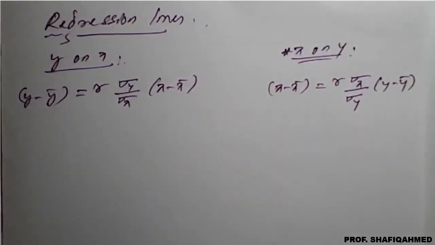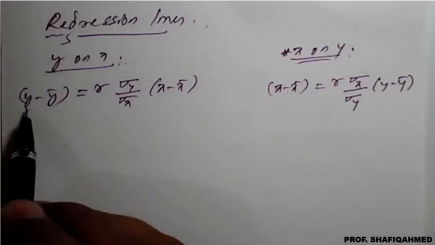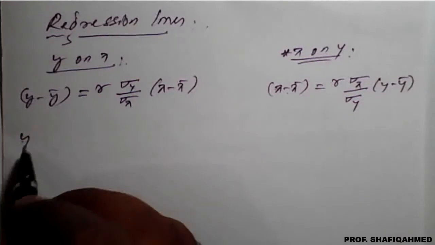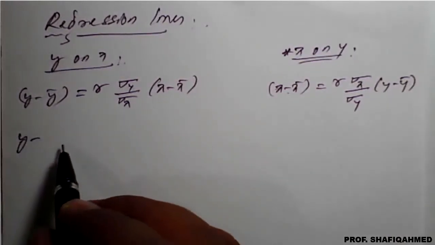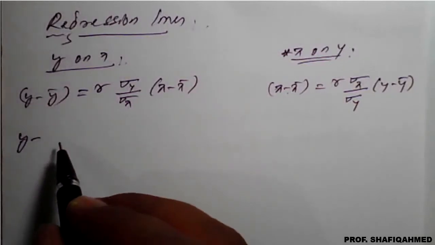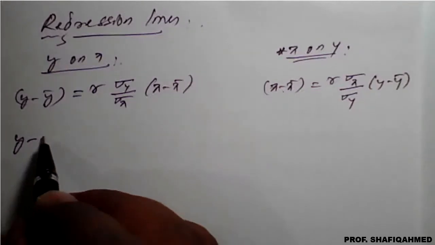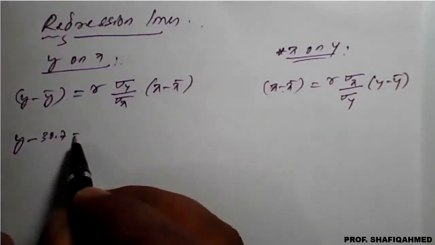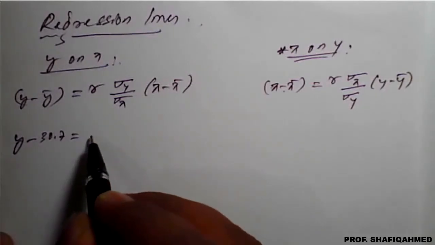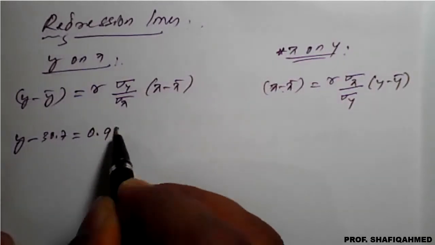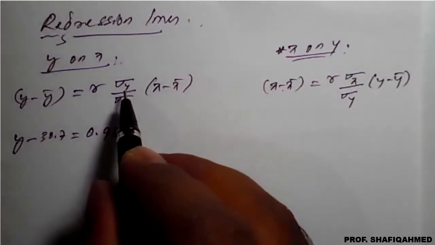So these are the two regression lines, y on x and x on y. We know all these values, we have to fill them in. So y minus y bar value from the table is 30.7, equal to r value, which we just calculated, 0.96, into standard deviation of y.